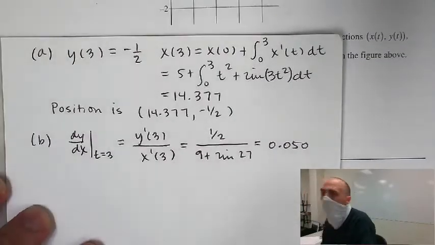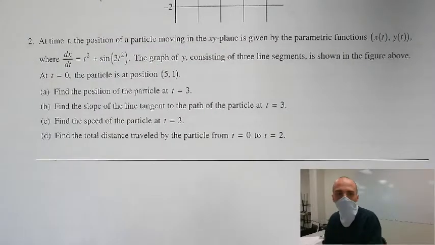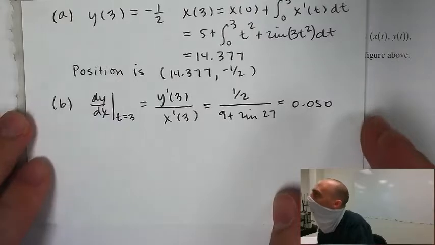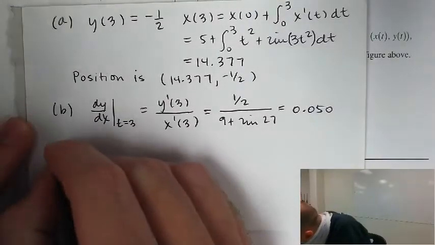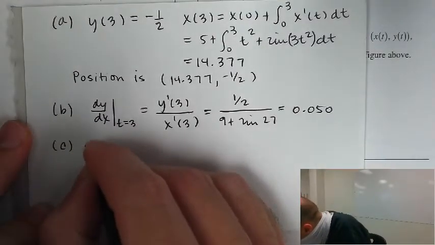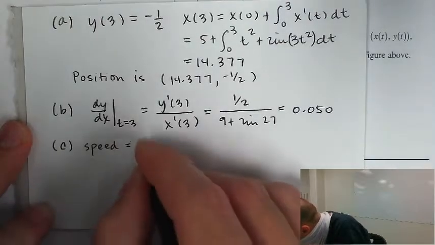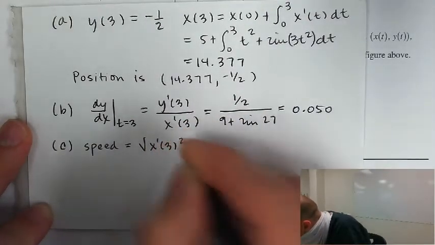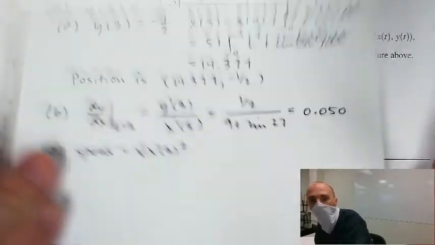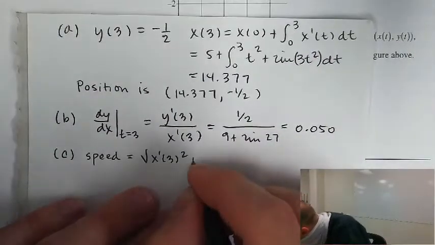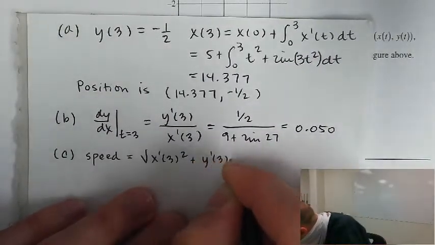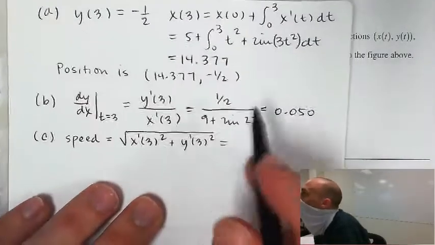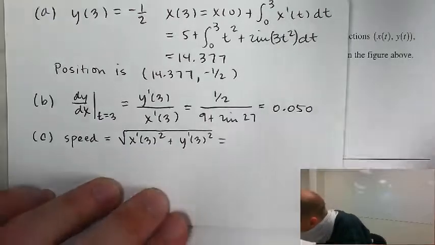And then for part C, find the speed of the particle at time t equals 3. It looks like I will be able to fit all of this onto this one sheet here. For C, speed is equal to the square root of x prime of 3 squared plus y prime of 3 squared, which is going to be equal to the square root of 1/2 squared plus this number squared.